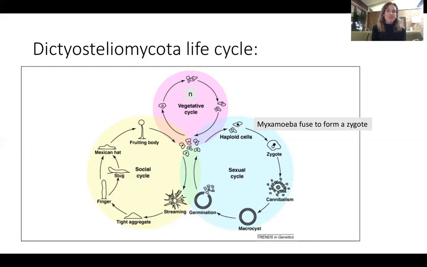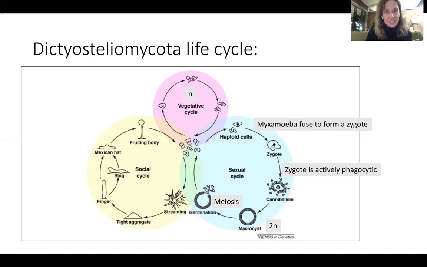At which point this giant diploid creature becomes a macrocyst, and this macrocyst undergoes meiosis, and we've got the myxamoebas again. I just think it's hilarious how voracious the zygote gets and just gobbles up all the other myxamoebas.